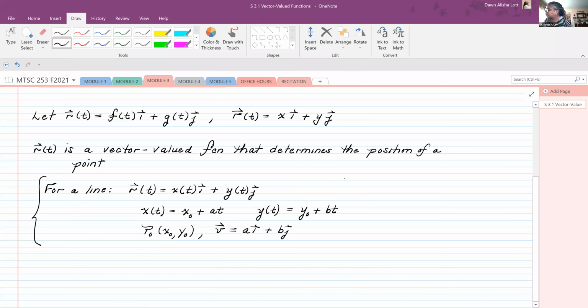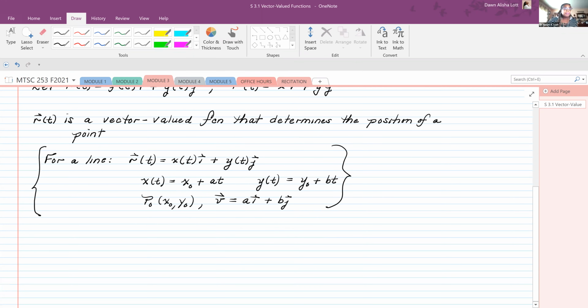Now we're going to have any old kind of curve, so it might not necessarily be a line. So here now, x is f of t and y is g of t. I can tell you exactly what those things are.